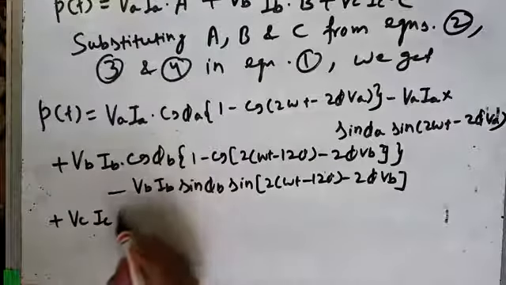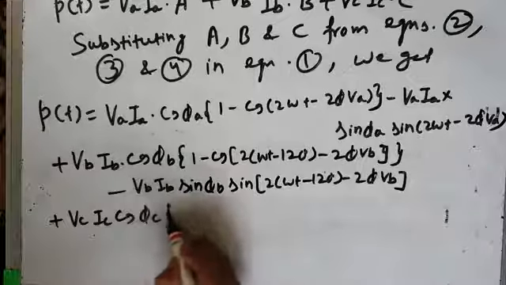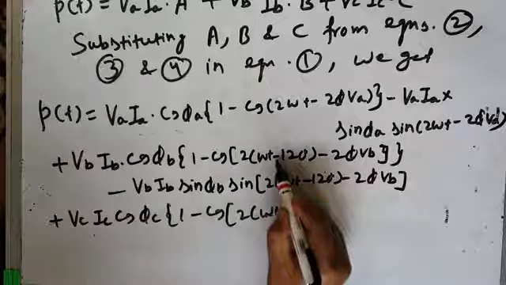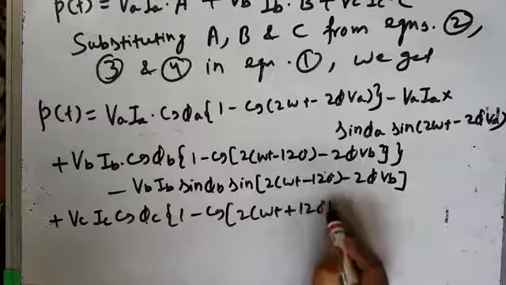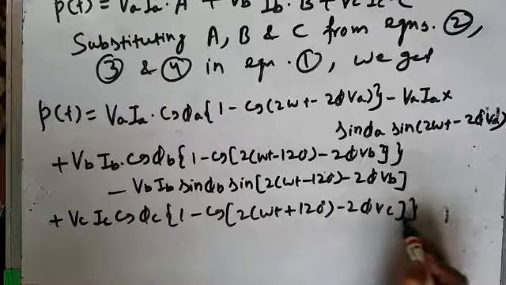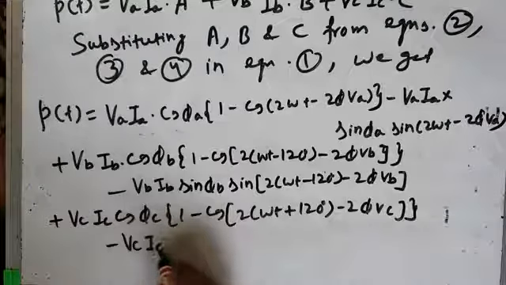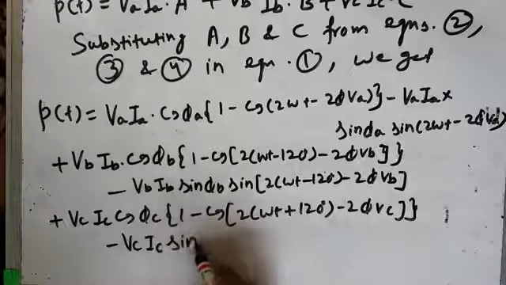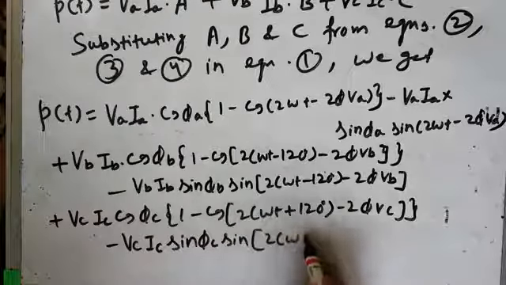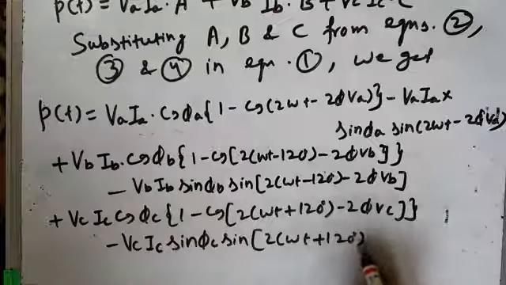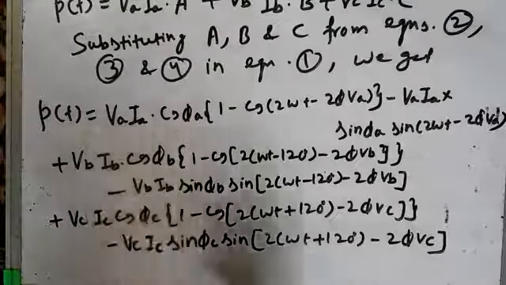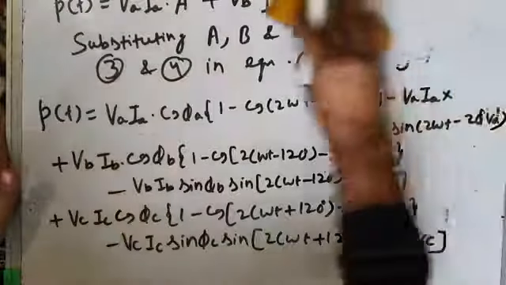C is cos phi C times 1 minus cos of 2 of omega t, instead of minus 120 degrees, it is plus 120 degrees minus 2 phi VC, minus VCIC times the sine term, sine phi C into sine of 2 of omega t plus 120 degrees minus 2 phi VC. Nice. So this is the final equation for instantaneous value of power in three-phase system.